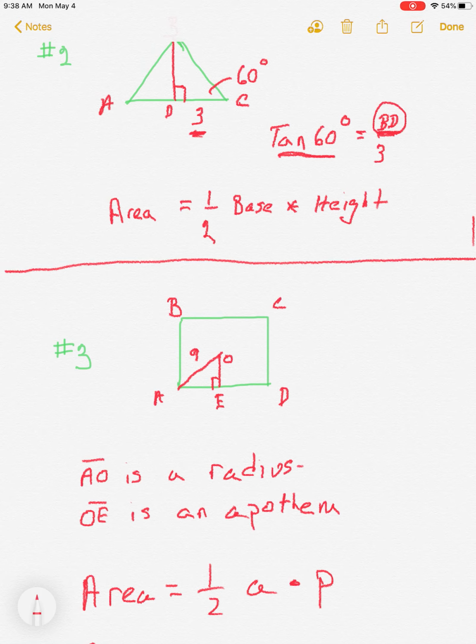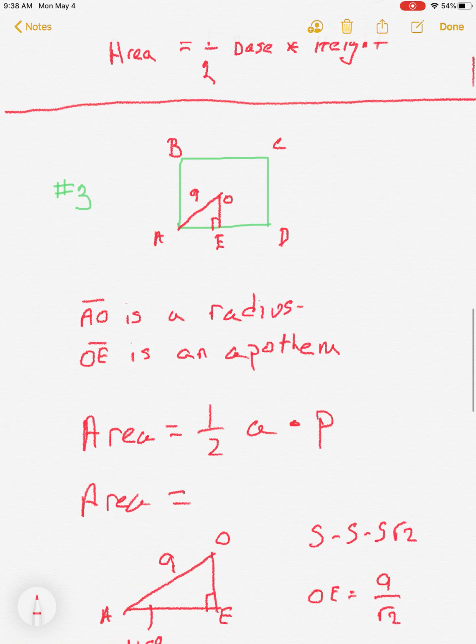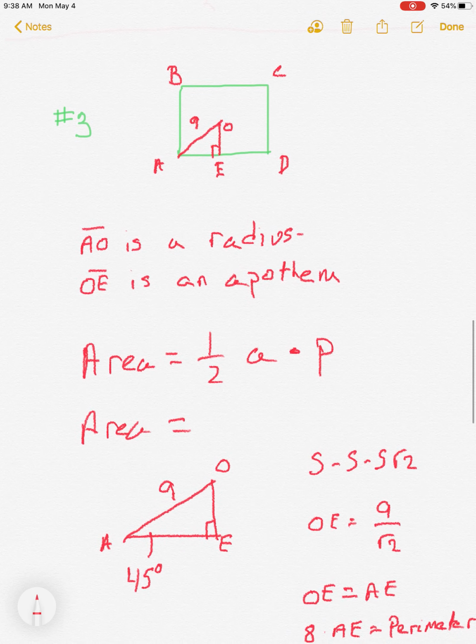Okay, so I'd like to make some observations on this square. I labeled it ABCD. I said, okay, let AO be 9, that's the radius. And I pictured their OE, which is going to be the apothem. So I drew that triangle. And so again, each problem you do, you're probably going to want to draw a triangle, which is just part of the whole figure.